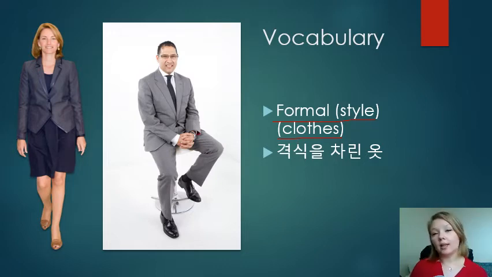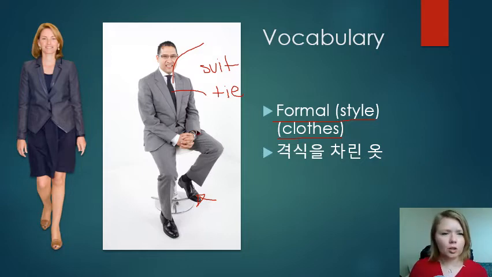So if we look at what these people are wearing, this man, for example, is wearing a suit and a tie, and he's also wearing a button-up collared shirt and some dress shoes. This is very formal. We would call this business formal. The woman is wearing a dress, a blazer, and some heels. So this could also be formal. These are clothes that we wear when we go to work, for example.